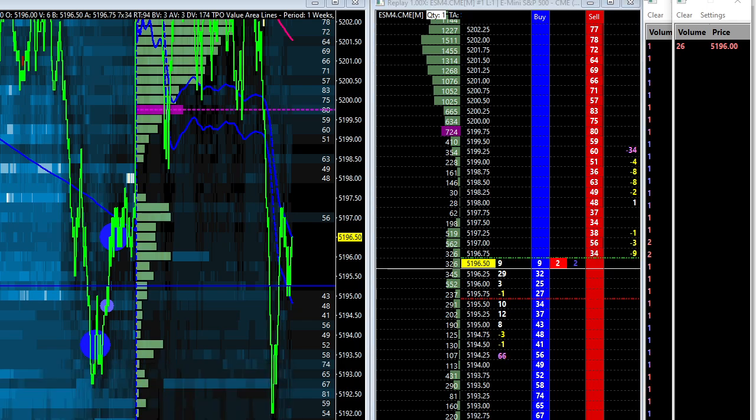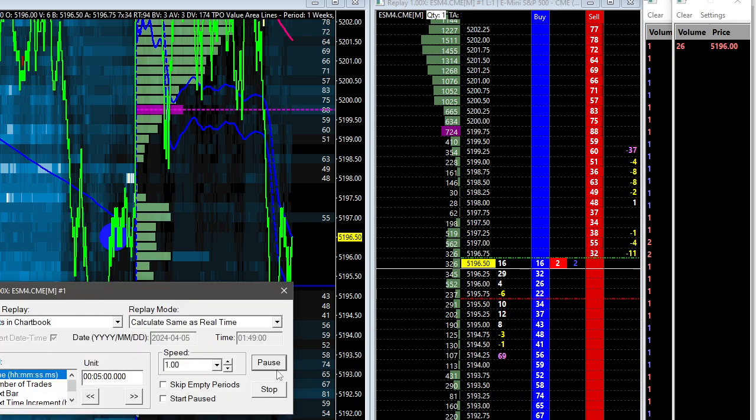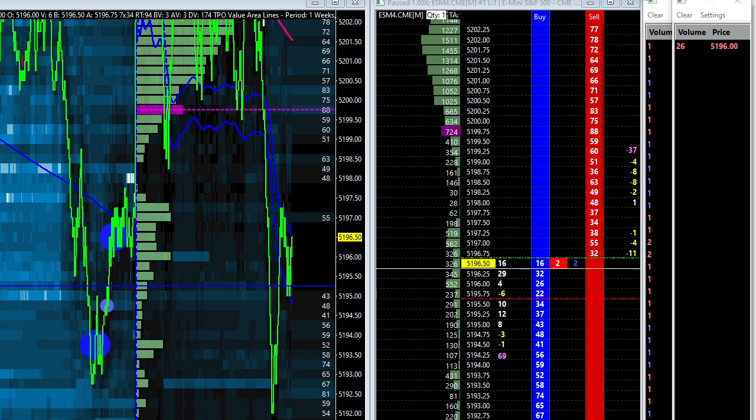Okay, so we'll let this play out. While this is playing out here, the right column here is the offer pulling and stacking, and the left column here is the bid pulling and stacking.